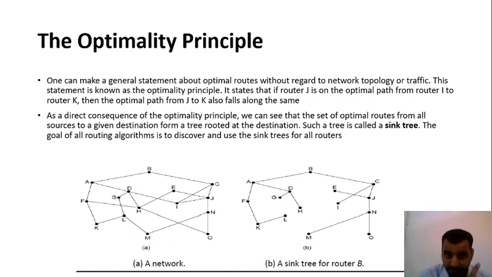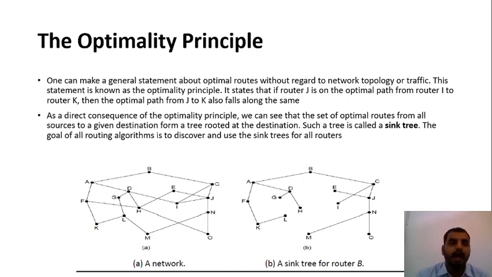It states that if router J is on the optimal path from router I to router K, then the optimal path from J to K falls along the same route. In the sense that if there is an optimal solution between these two, and something comes in between, the optimal solution will be considered through it. This is what you call the optimality principle.